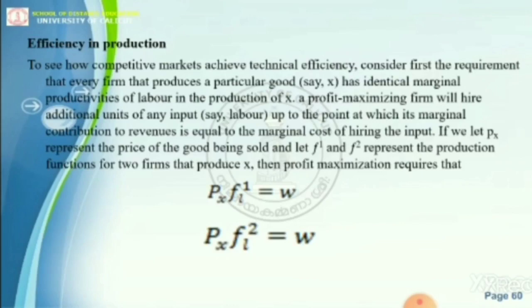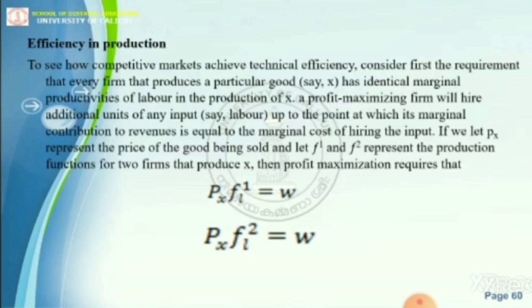To see how competitive markets achieve technical efficiency, consider first the requirement that every firm that produces a particular good, say X, has identical marginal productivities of labor in the production of X. A profit maximizing firm will hire additional units of any input, that is labor, up to the point at which its marginal contribution to revenues is equal to the marginal cost of hiring the input.